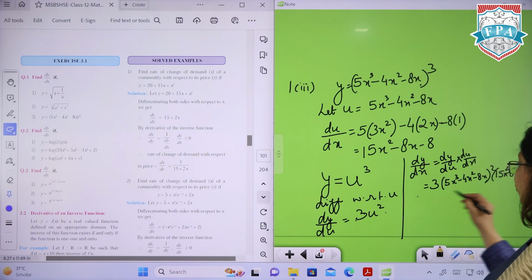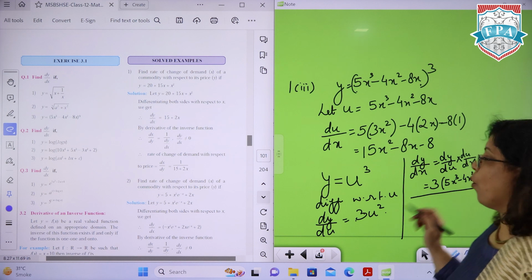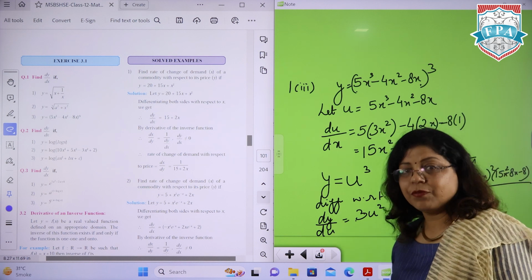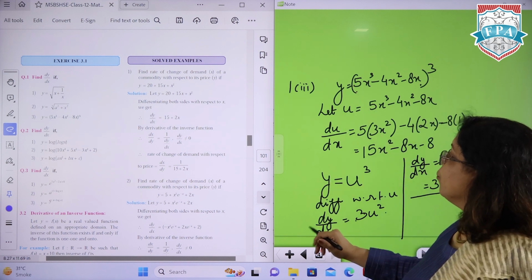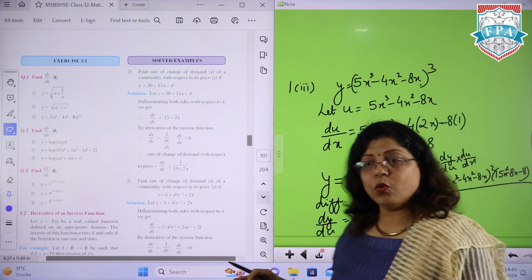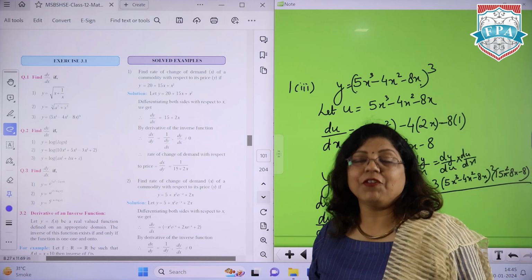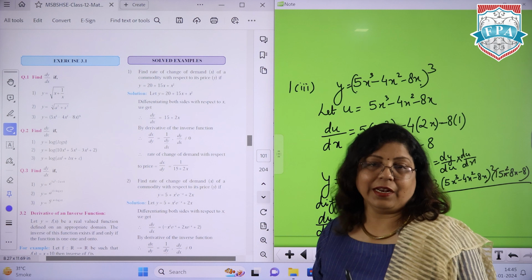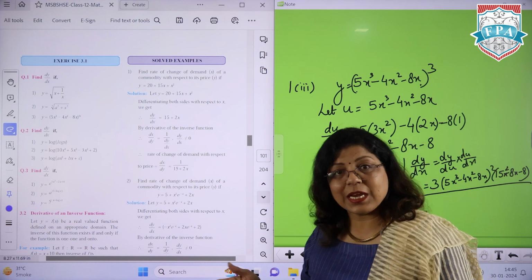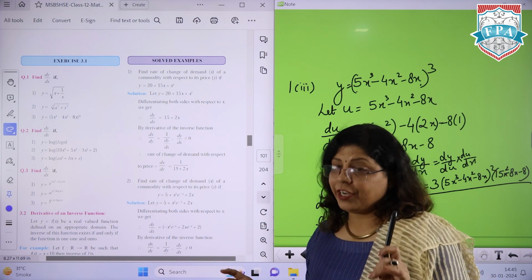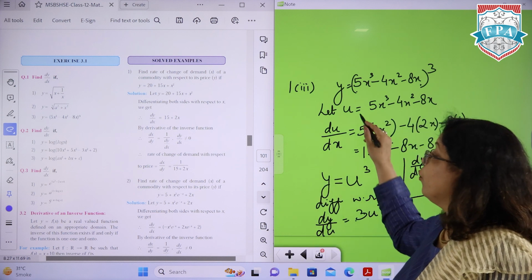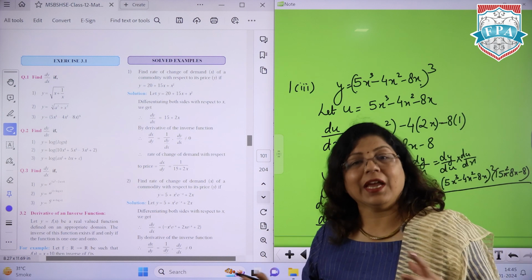So this is going to be your final answer for dy by dx. This can be written using the basics of u and going to the next level, or we can also do it directly. But if it's your first time understanding, I will definitely advise you to convert to u and write, so you won't make any mistakes.